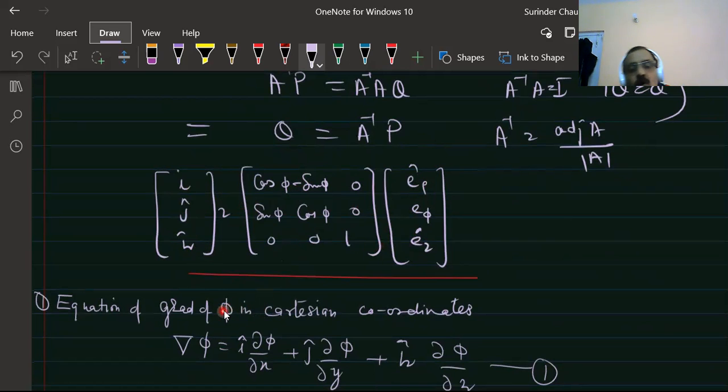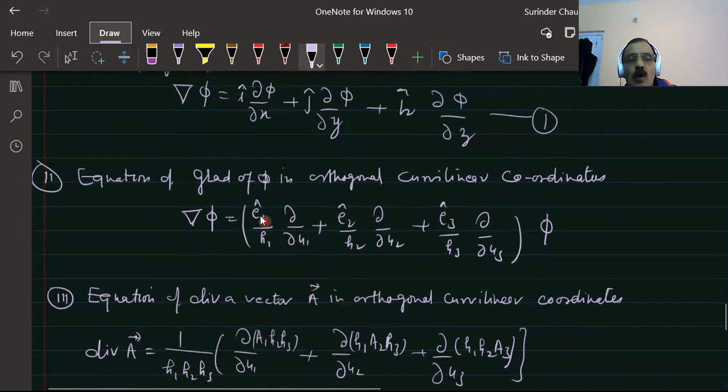Now, if you are asked to derive the equation of the gradient of phi in cylindrical coordinates, you straightaway substitute the values of E1, H1, E2, H2, and E3, H3. E1 is equal to E rho, E2 is equal to E phi, and E3 is equal to E z, and H1, H2, H3 are their magnitudes. You get the equation in curvilinear coordinates for the gradient of phi.